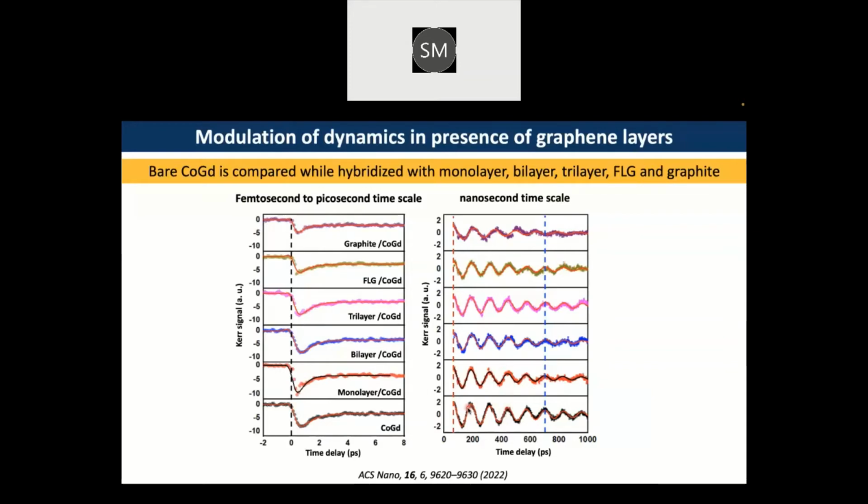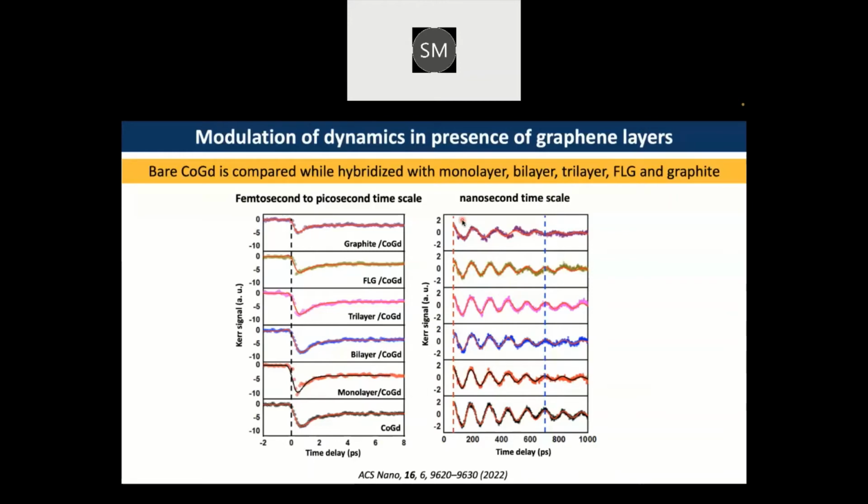Damping with respect to the bare cobalt gadolinium layer, if you compare monolayer and graphite, they are strongly damped or heavily damped. However, damping variation is not very prominent in case of bilayer, trilayer, and few layer graphene. The precessional frequency of the graphite cobalt gadolinium interface also shows a red shift, which means that the frequency is decreased.